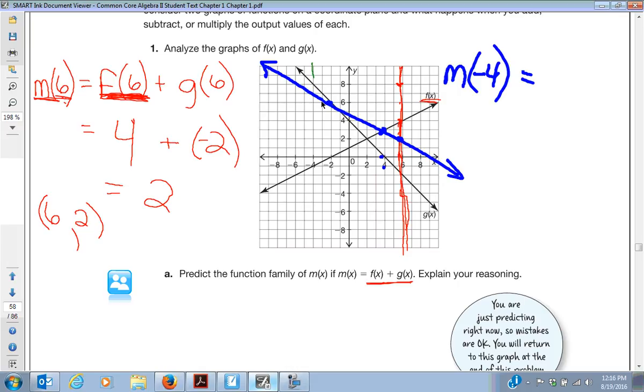This is going to be my line where x is negative 4. So you're going to be looking for those y values where it intersects that green line. And you need what?